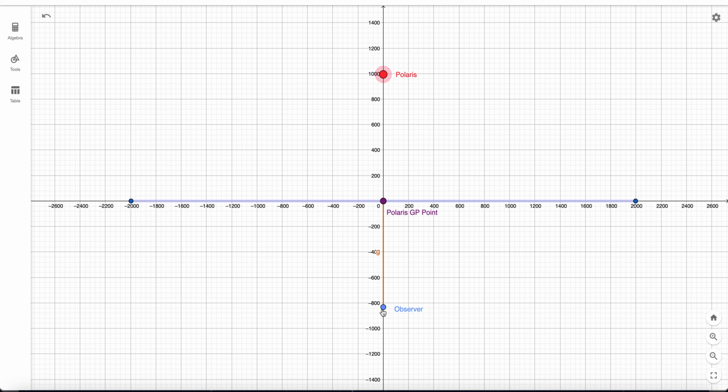So when the observer moves forward, closer to the GP point of Polaris, Polaris appears to rise. When the observer moves back south, so when they're going forward, it'll be due north. When they're going back, it'll be due south. Away from the GP point of Polaris, Polaris appears to drop in the sky.